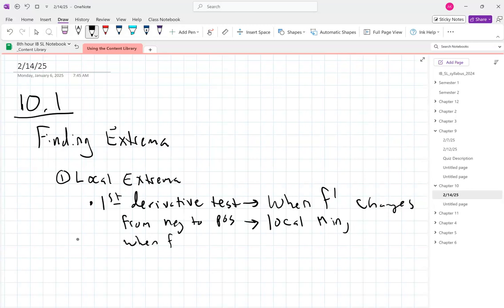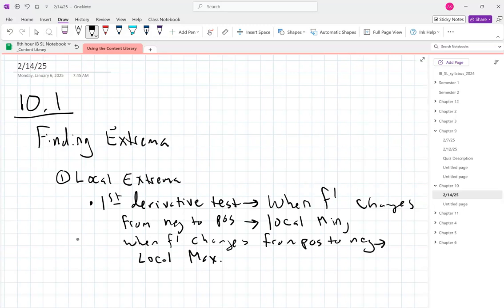And when that first derivative changes from positive to negative, then we're going to have a local maximum. So this criteria is one that I would expect you to memorize. No one's going to give this to you on an equation sheet.